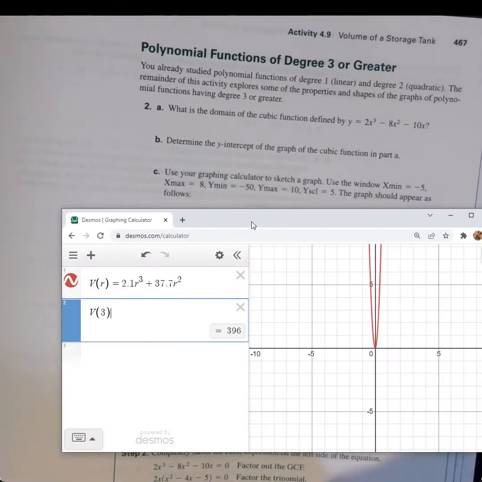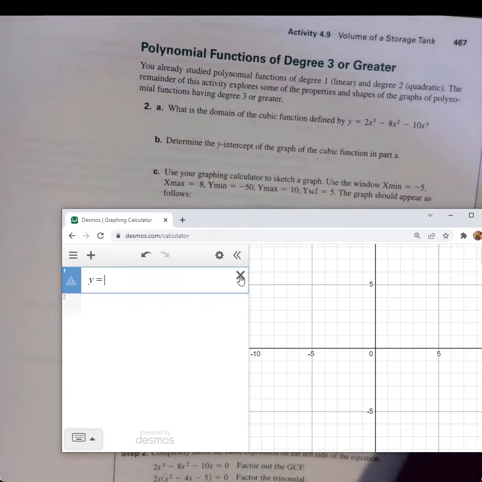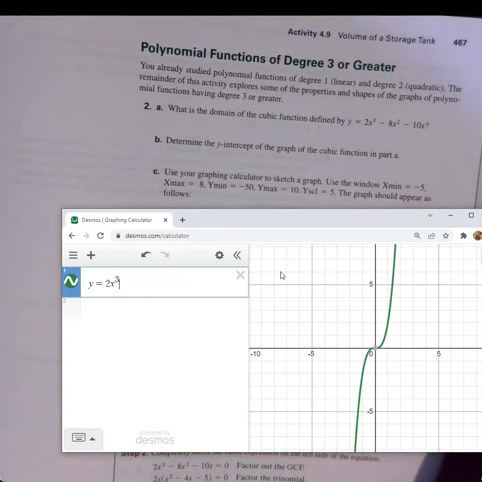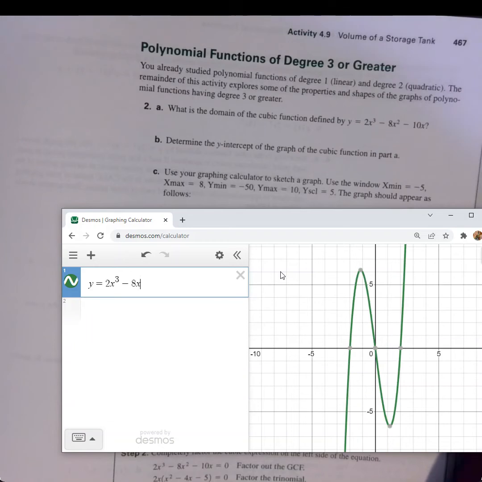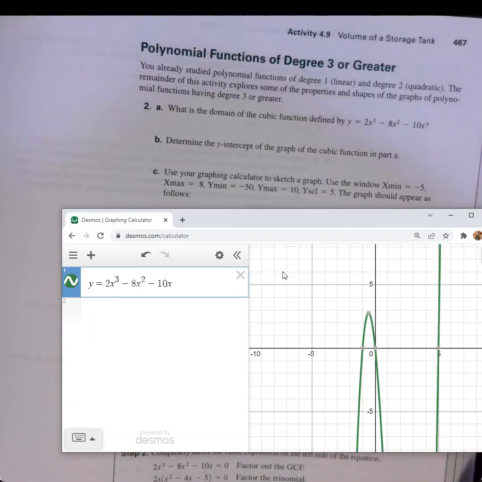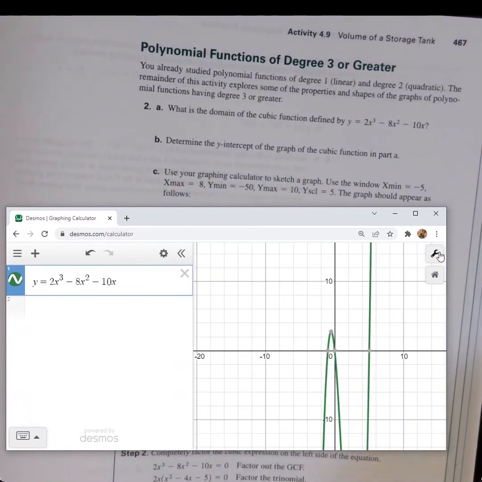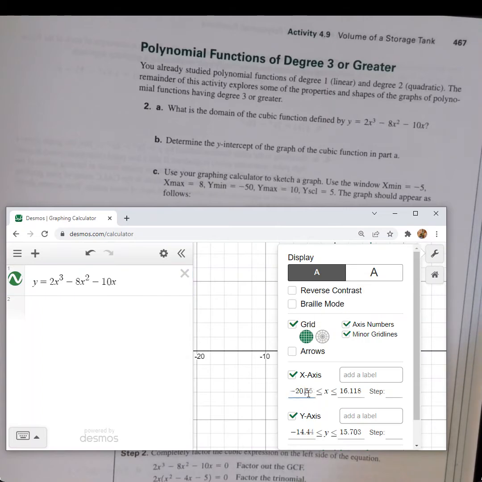So let me go ahead and type this in so we can see what this function looks like. So y equals 2x to the third minus 8x to the second minus 10x. Okay, so if I look at this cubic function, they're actually having me graph it in just a little bit on letter C. So I'm going to go ahead and use their scaling here.